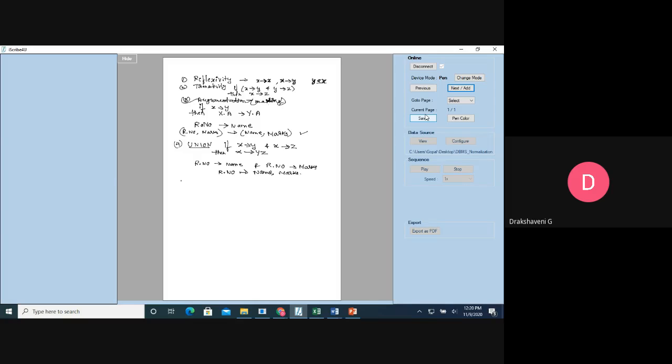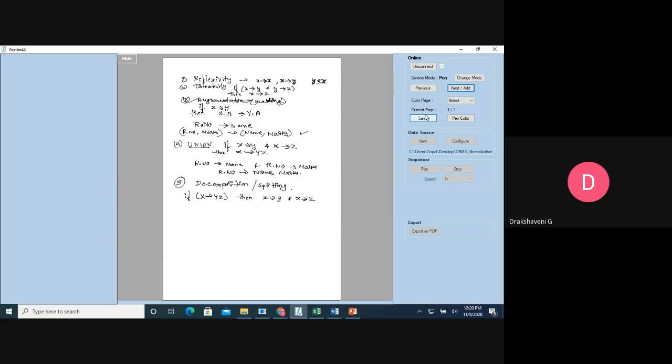Next one, decomposition. What do we call decomposition? Splitting. So if x tends to yz, then we can write x tends to y and x tends to z.